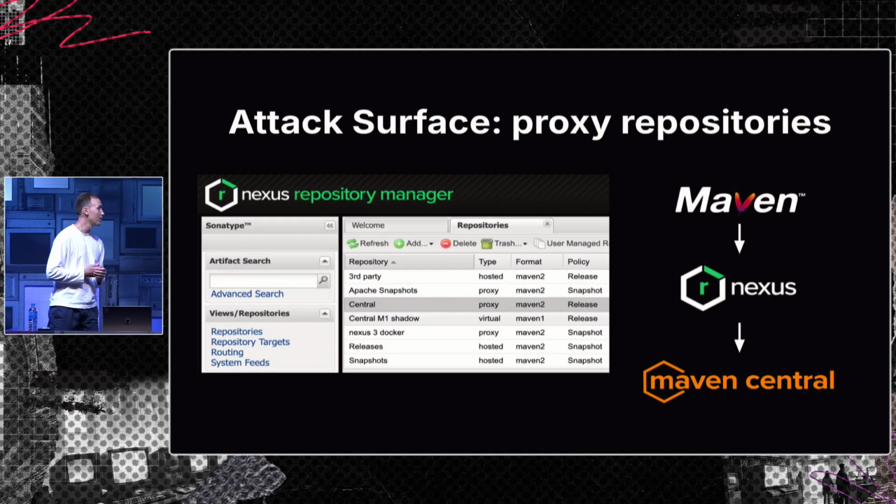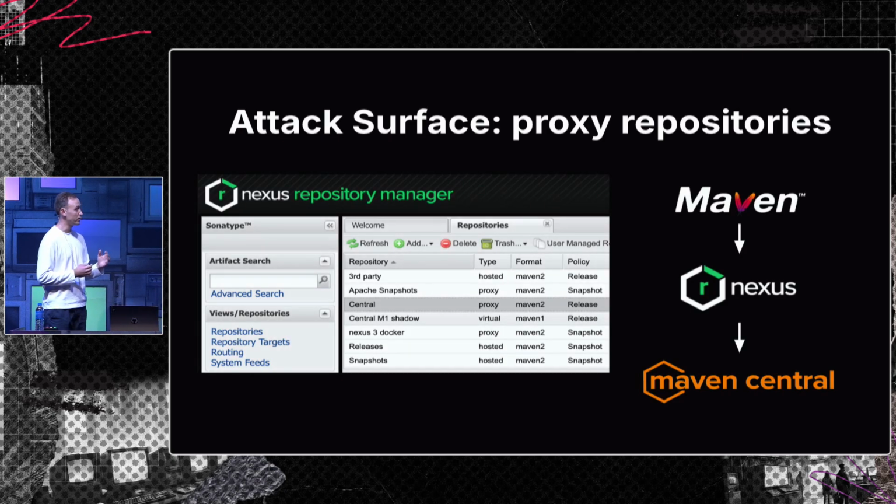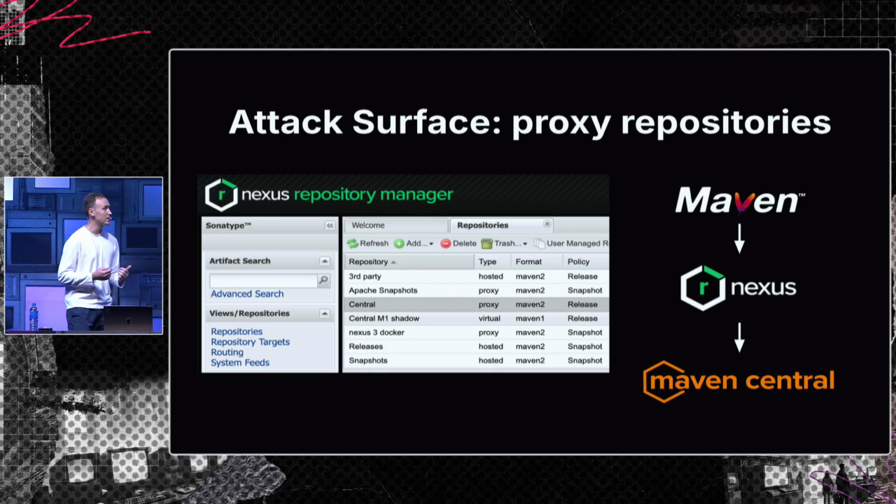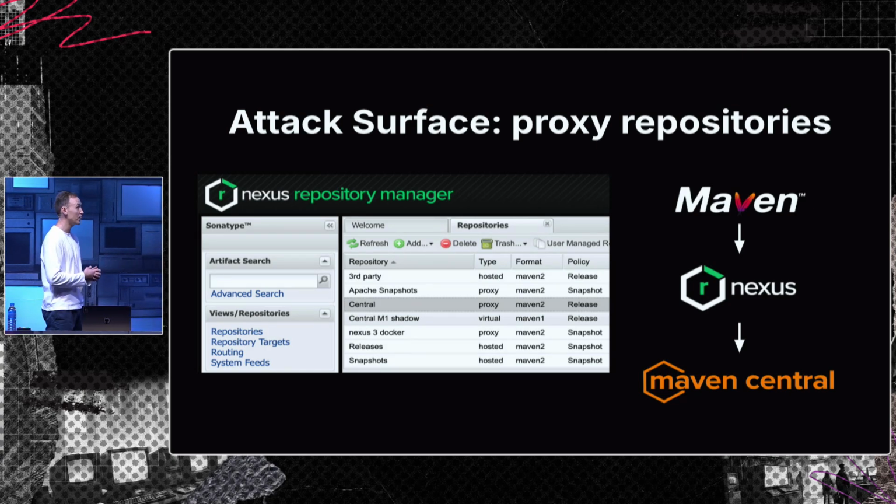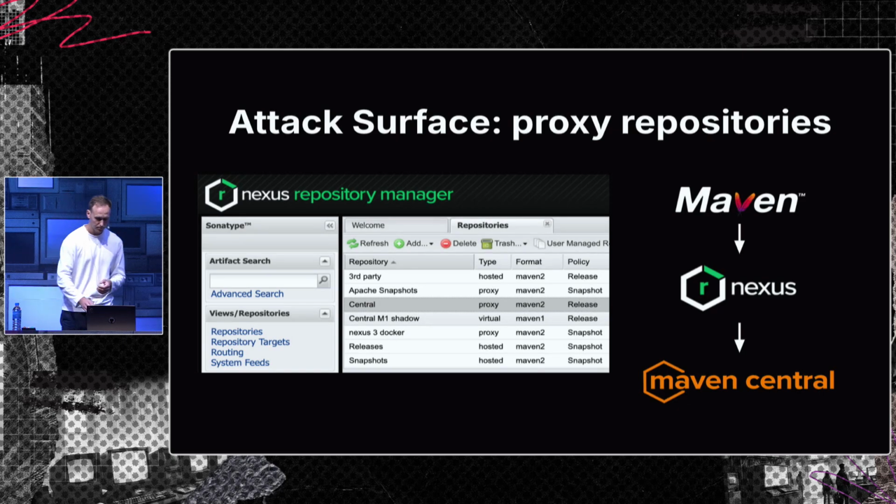But at the same time, there's a very special type of repository called a proxy repository. When Nexus, for example, is configured to be in proxy mode, it simply takes all the requests for dependencies and translates them to Maven Central. Then when Maven Central returns the content of these dependencies, Nexus saves them into the local cache and provides them to the users.